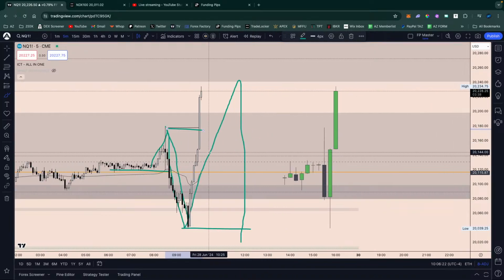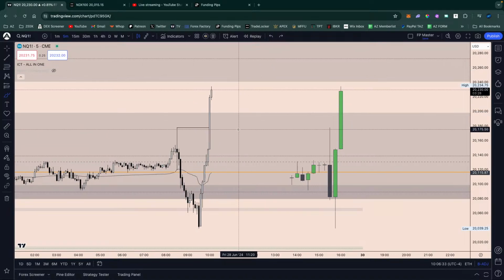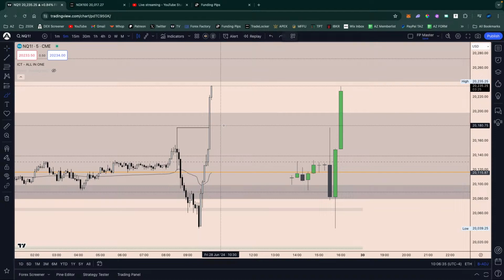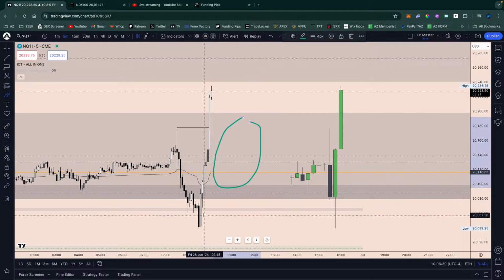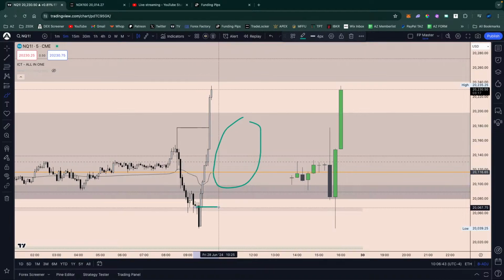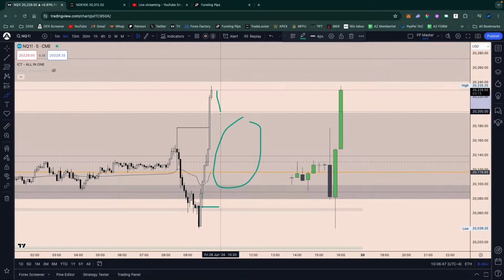But at the same time, this is perhaps one of the largest unicorn models that I've seen, in recent memory, of course. Because there's just too much blank space here to the downside. So you would really have to put your stop loss at least to this low in order to protect yourself. Because price could easily retrace down into here.